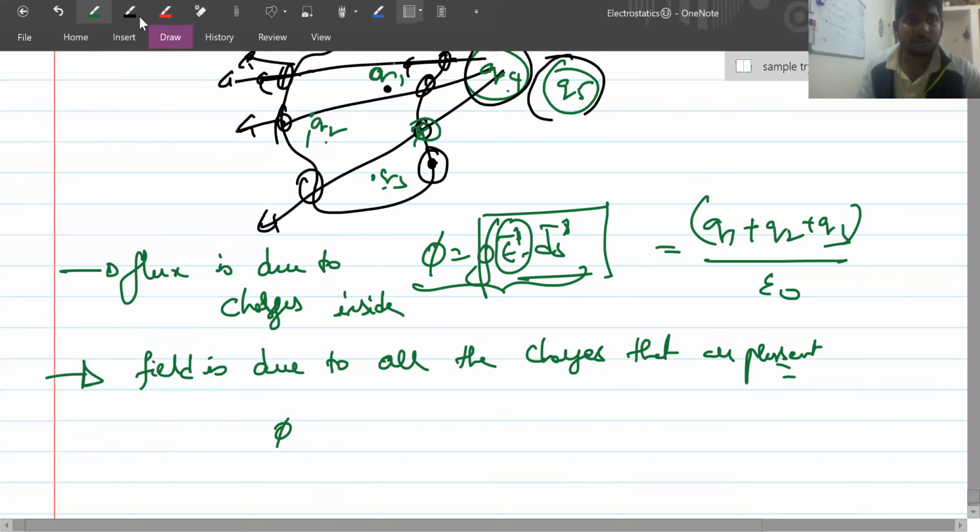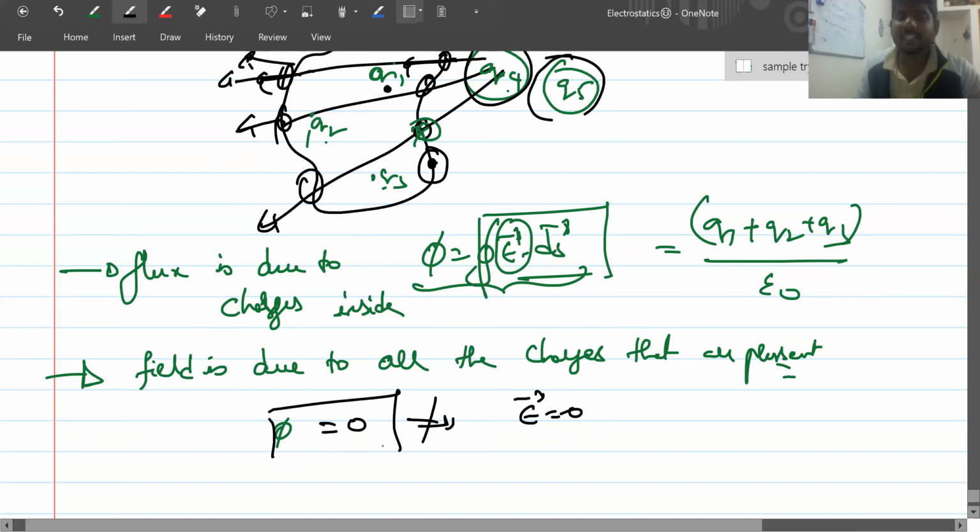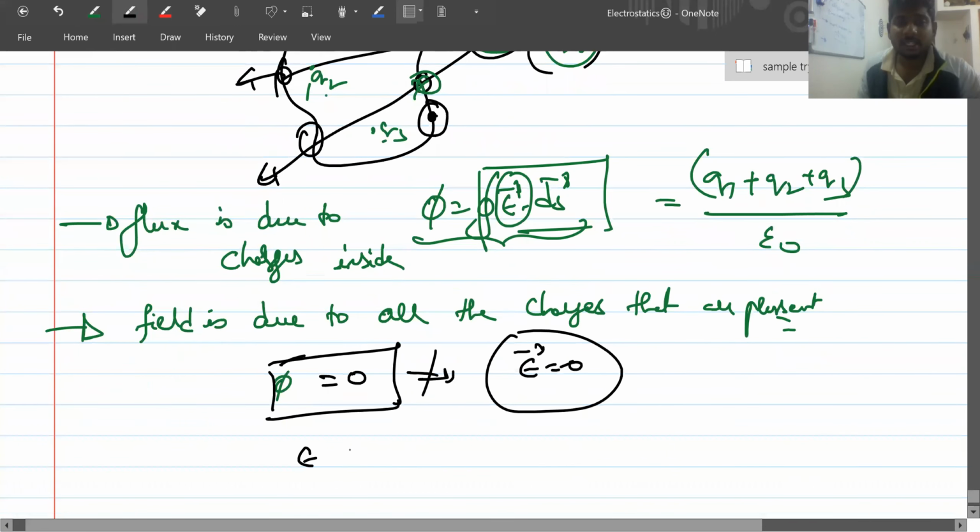Flux is 0 does not imply the electric field is 0 at that point on the surface, because flux 0 means the charges enclosed inside the Gaussian surface are zero. That doesn't mean outside charges are also zero. Outside charges can also contribute to the electric field. But electric field is zero implies flux is also zero.